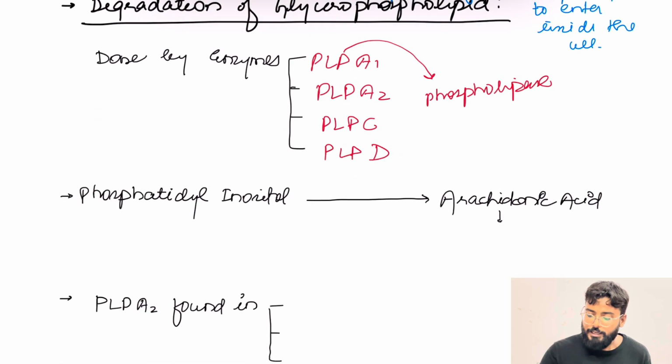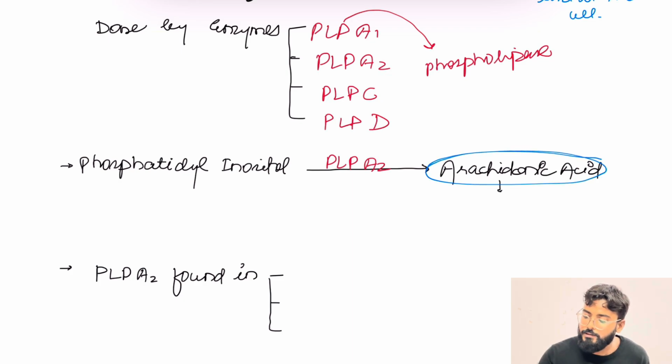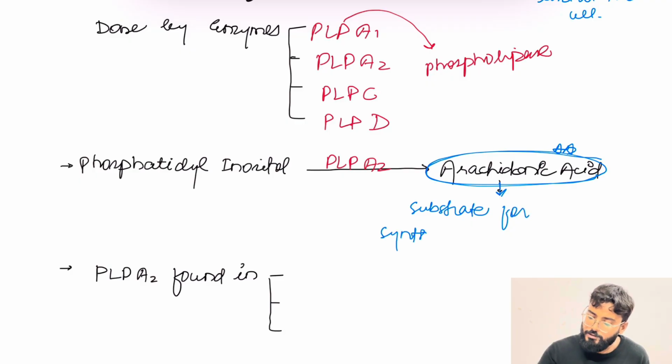Now, when phosphatidyl inositol is acted on by phospholipase A2, it is going to form arachidonic acid. This arachidonic acid is going to be the substrate for synthesis of prostaglandins.